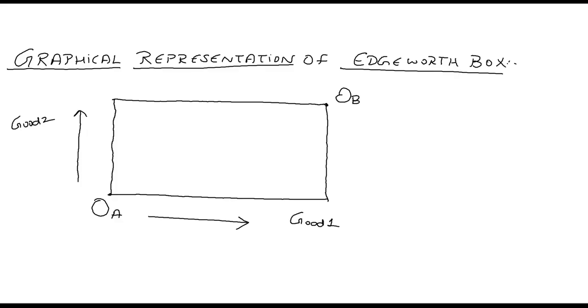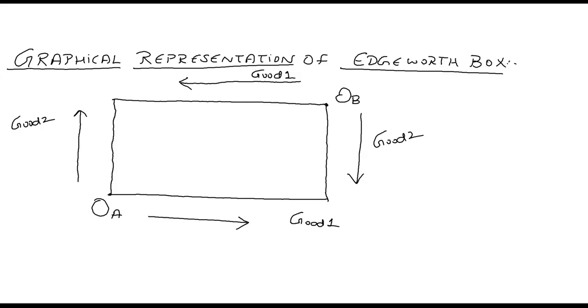So you need to turn your registers to agent B's origin. Now from agent B's origin, this is my good 1 available in the economy. From agent B's origin, it is measured towards the left, and good 2 is measured downwards.